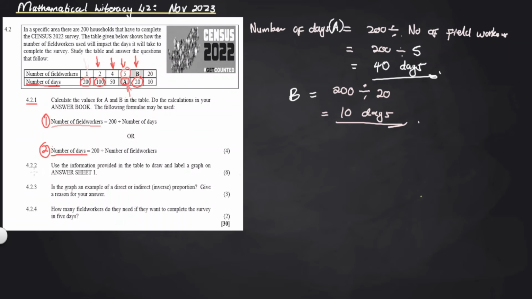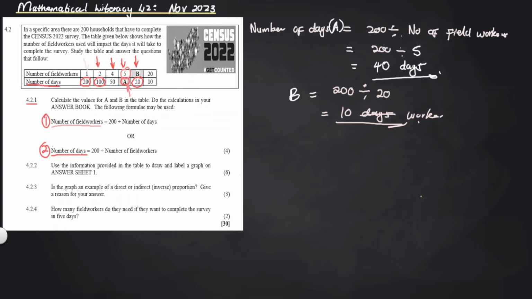4.2.2, use the information provided in the table to draw and label a graph on answer sheet number 1. Okay, so B, no, B is 10 workers, not days. All right, but I'll have to do the following: 10 and 40.